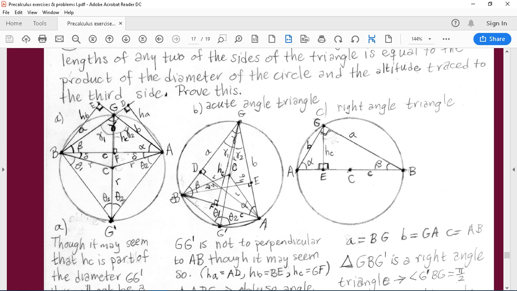Okay, the angles of triangle GBA are GBA, which is angle beta, GAB, which is angle alpha, and BGA, which is angle gamma. Angle gamma is divided into two angles, which are gamma 1 and gamma 2.